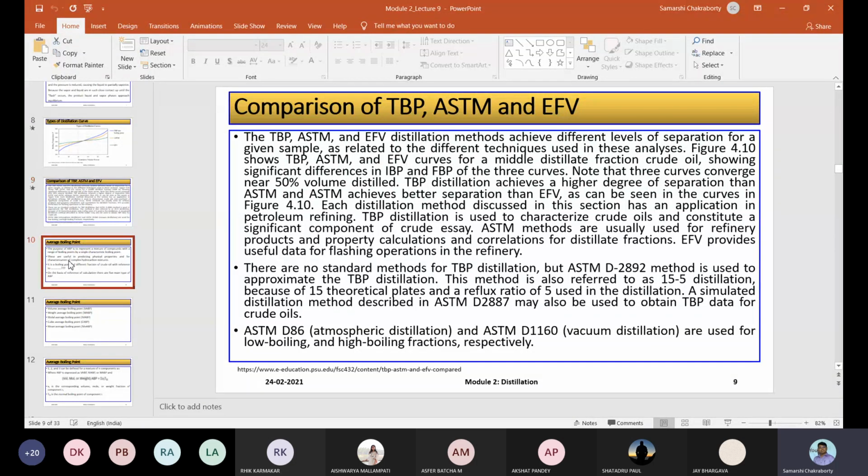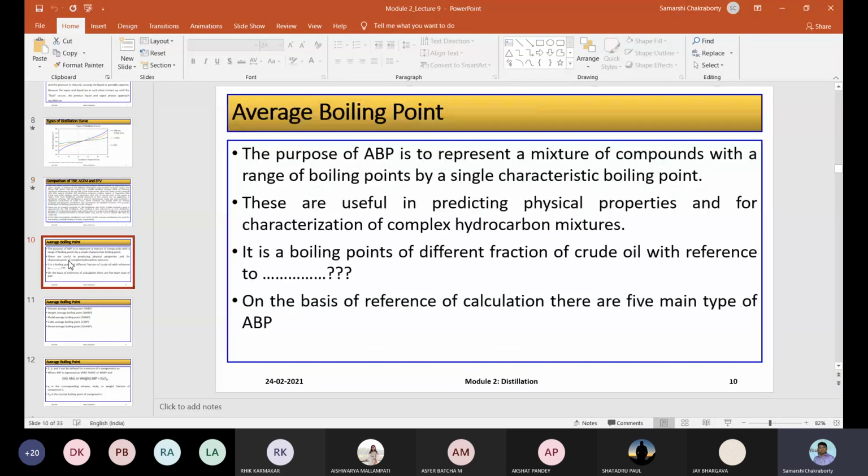For example, if you have a crude oil fraction which has an initial boiling point of 200 degrees centigrade and a final boiling point of 260 degrees centigrade, obviously the boiling point varies in this range, but your particular fraction must also have some average boiling point. Now how are these average boiling points calculated?